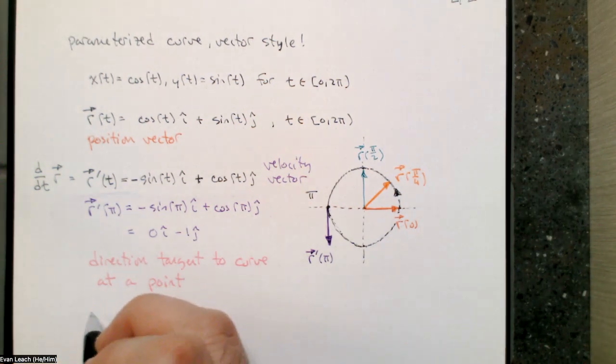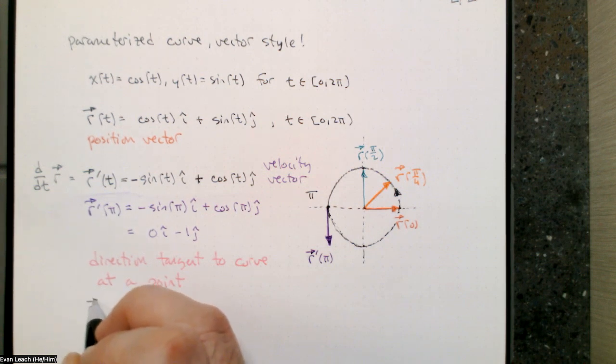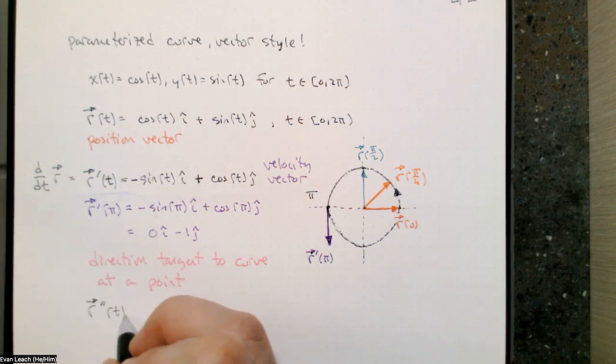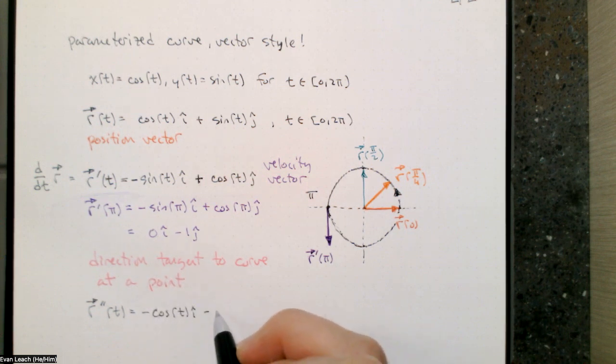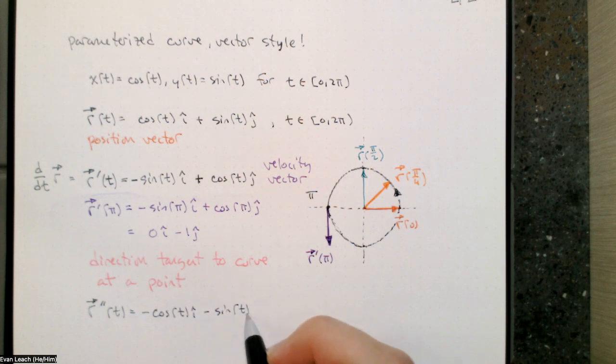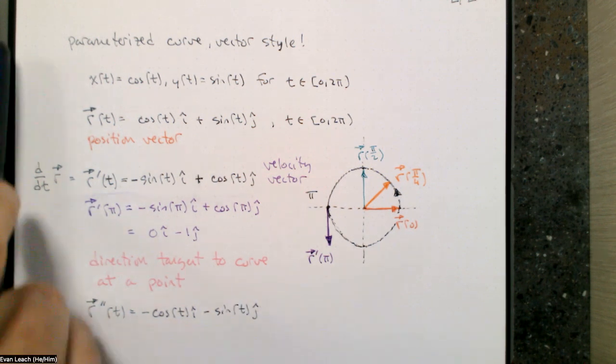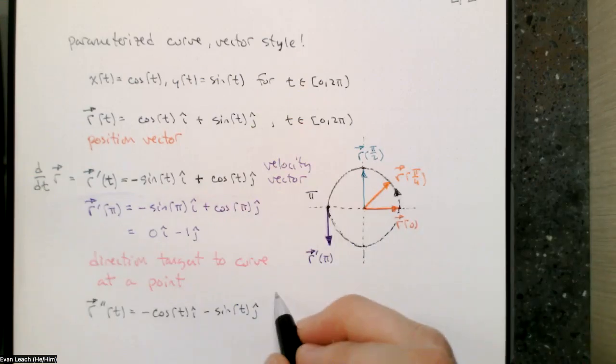And since we're at it, if I take a second derivative, this will be our acceleration vector.